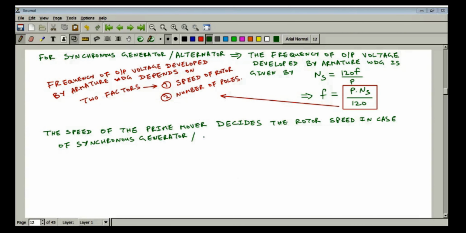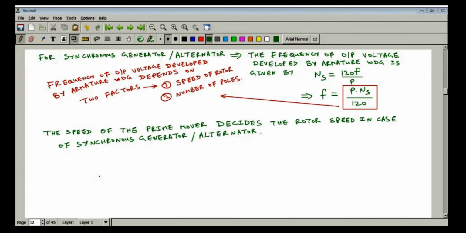We also use the word alternator for referring to a synchronous generator. So the word alternator and synchronous generator can be used synonymously. So the speed of the prime mover decides the rotor speed in case of synchronous generator or alternator.